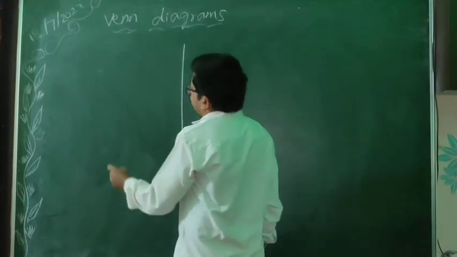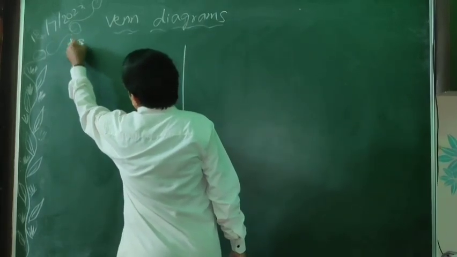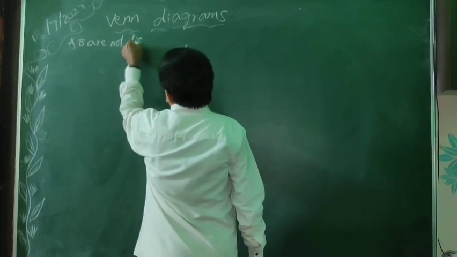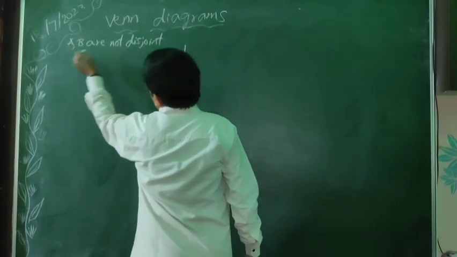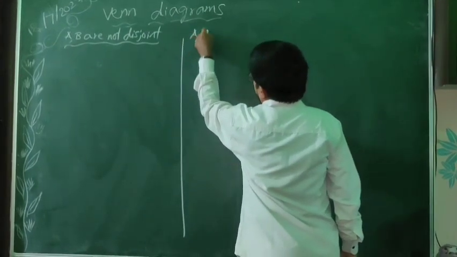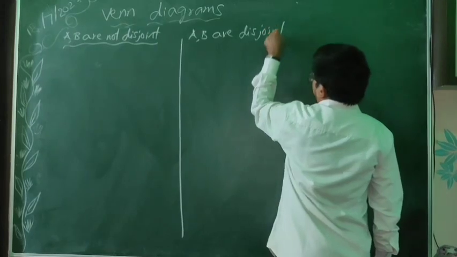Here A, B are not disjoint. Here A, B are disjoint.